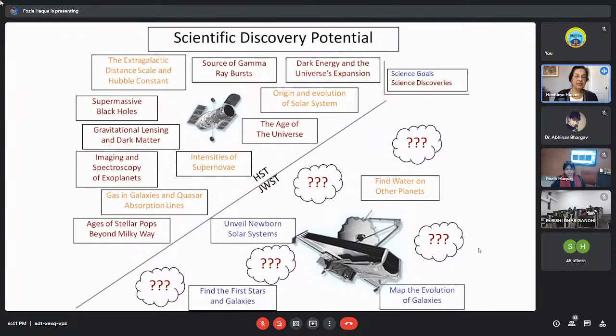We didn't know about dark energy. We didn't know about super black holes, gamma ray bursts. And Webb discovered a lot of those things and gave us a lot of knowledge about things that were discovered by other telescopes. So what will Webb tell us other than its scientific goals?